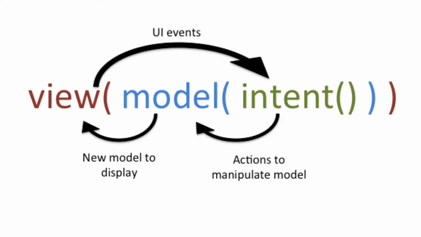Those will be converted into something called intents. These intents are effectively declarations of what you want, the work you want to get done, and the manipulations you want done onto your model. Those are applied to your model. And when you get changes to the model, the other way around allows you to effectively broadcast these changes back to the view, and you get the whole cycle that we see on screen here.